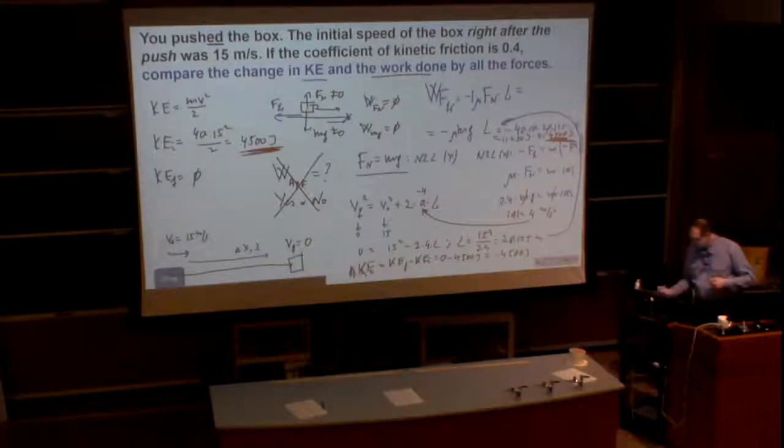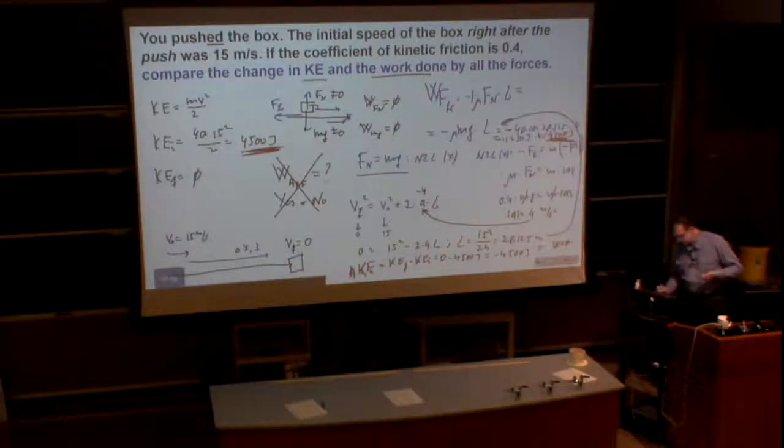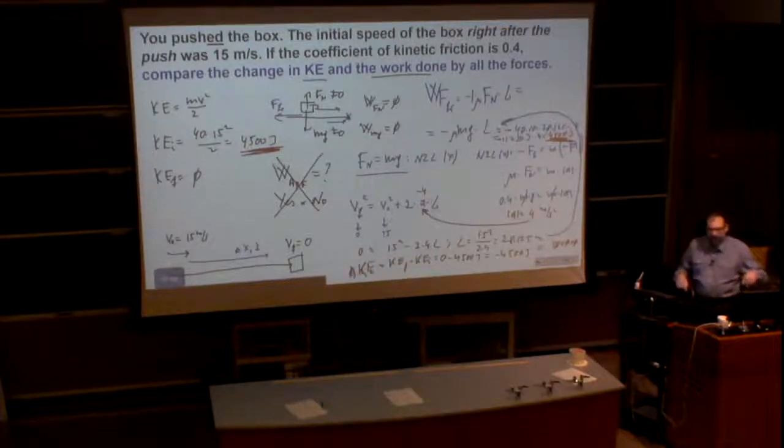This minus propagates all through calculations. Technically this is just work of friction, but we can add all those zeros which represent the work of all other forces. And this is a very simple example which proves a very important theorem.